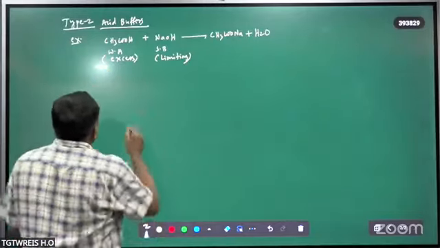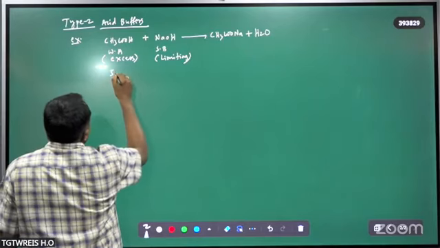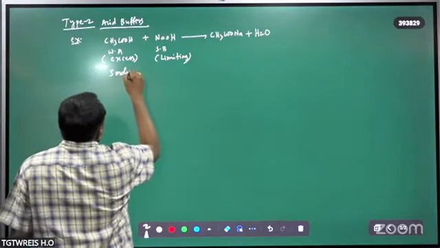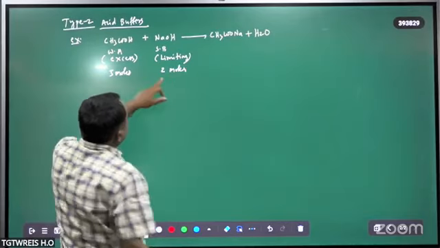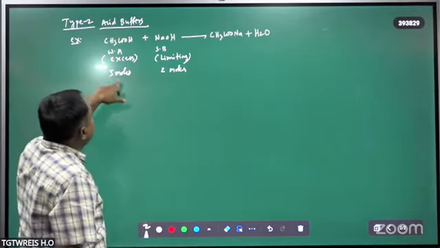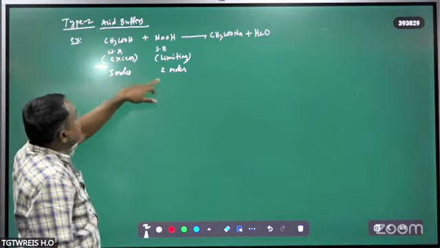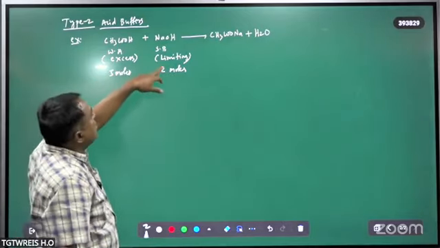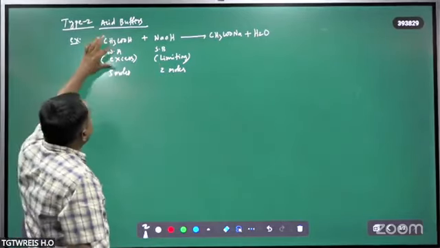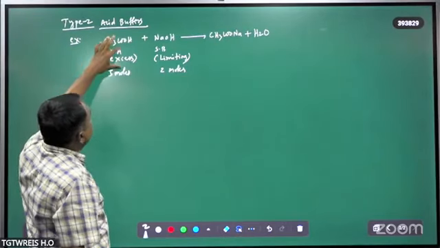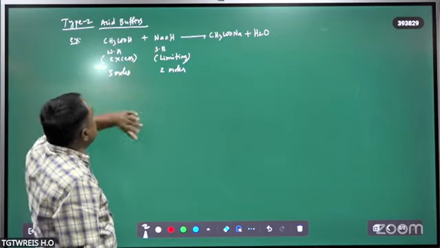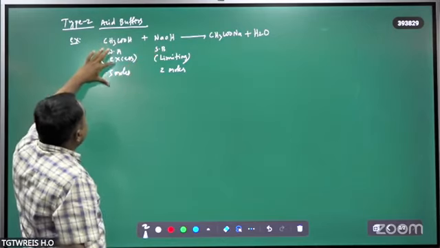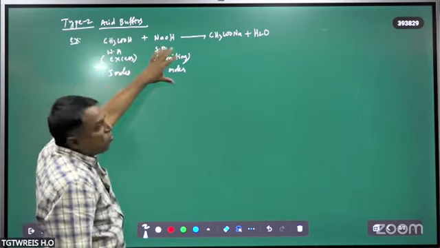For example, you take 5 moles of acetic acid and 2 moles of NaOH. So NaOH is limiting and acetic acid is in excess.